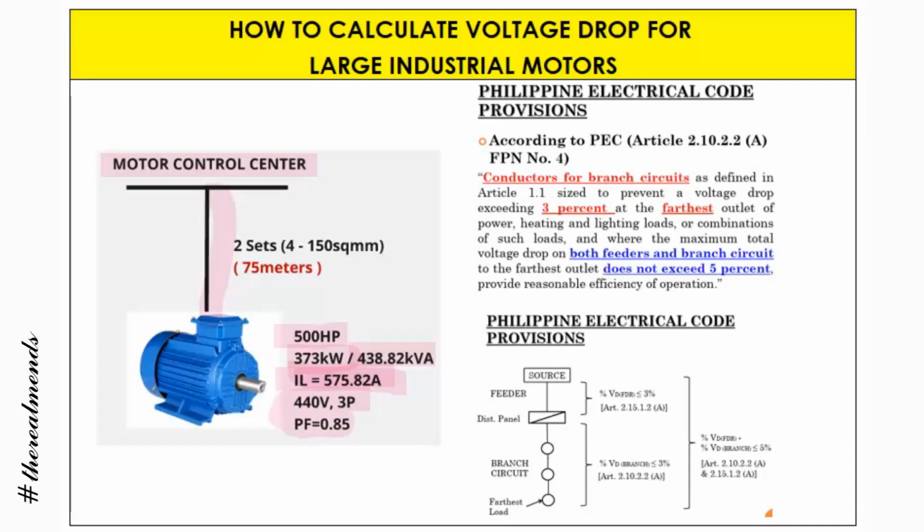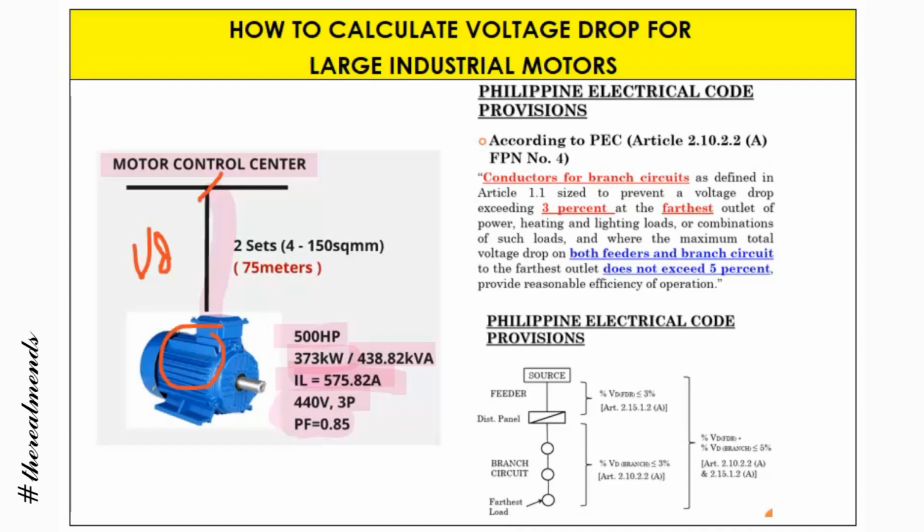Okay, so yung ating gagawin ngayon is to determine the voltage drop coming from this motor control center up to this equipment. So let's look for the voltage drop here, or known as VD.